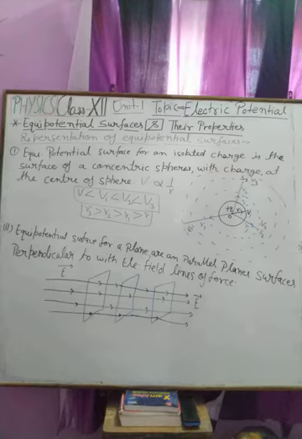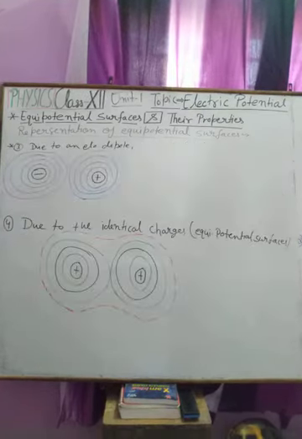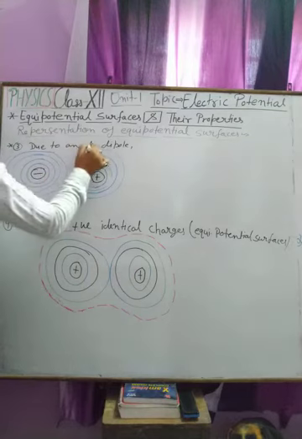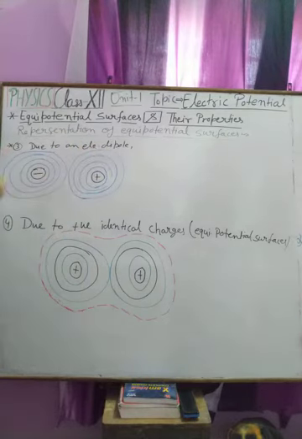Copy this. Then we take other two forms of equipotential surface. First is due to a dipole, electric potential surfaces like this.